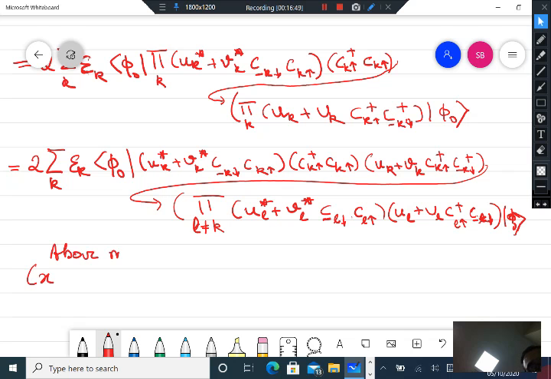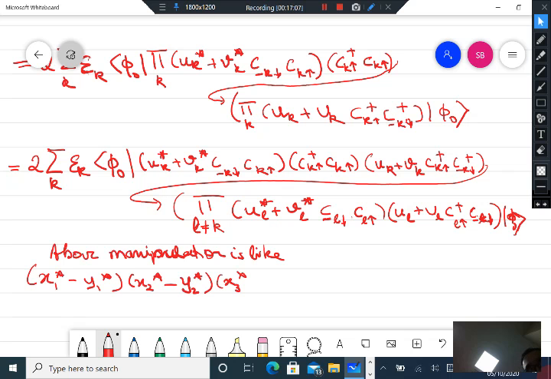The above manipulation is like (x1* − y1*)(x2* − y2*)(x3* − y3*). Suppose we have these three product terms, and then you have something like c2.